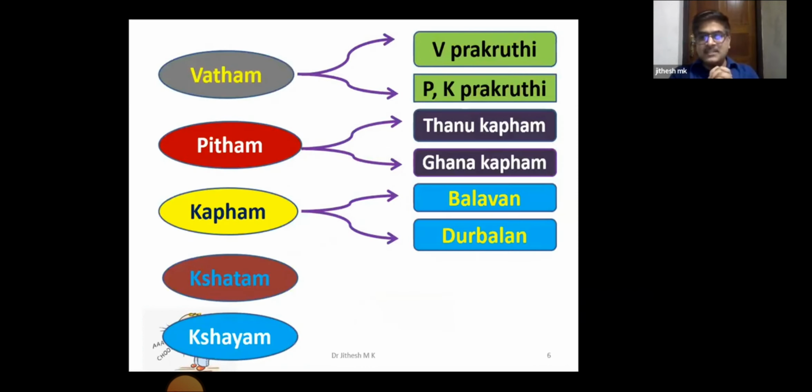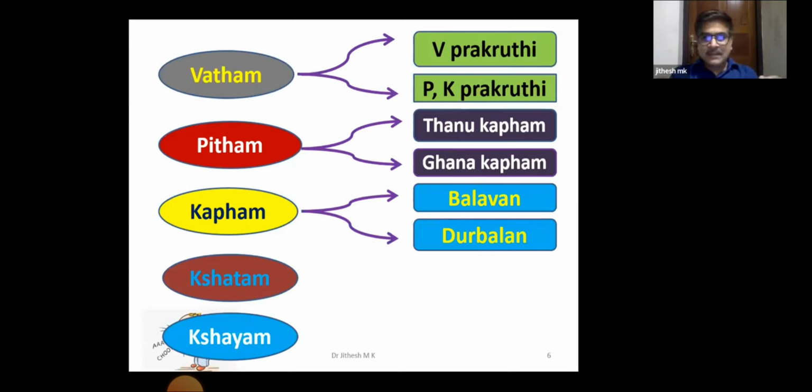When we go to the practice field, we have to differentiate the treatment. There are definitely 5 types of kasa only: vata, pitta, kapha, kshata, and kshaya. But simply diagnosing vataja kasa is not sufficient to get the proper result, because the line of treatment explained by Acharyas for vataja kasa occurring in a vata prakriti person, and vataja kasa occurring in a pitta kapha prakriti person, are entirely different.